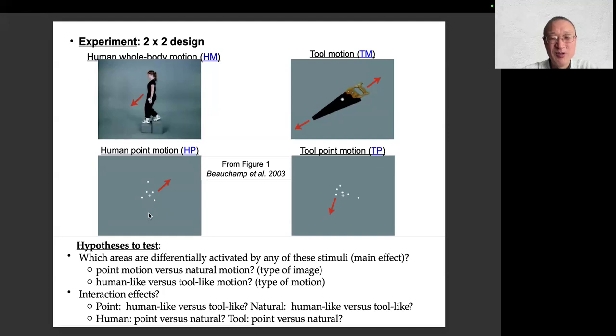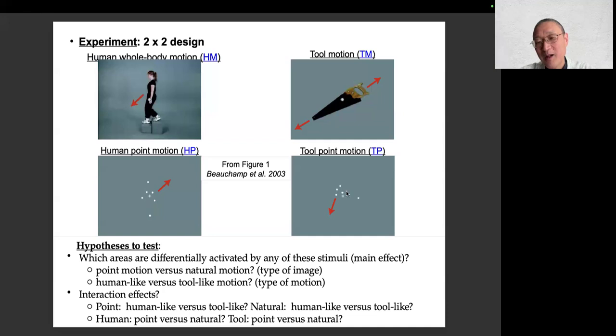It's better to visualize this through a movie, but this is a still image. We cannot see it here, but in the scanner, all 4 tasks are moving. Even the human images are moving. Those dots are moving, so you would be able to recognize whether it's a human or a tool.